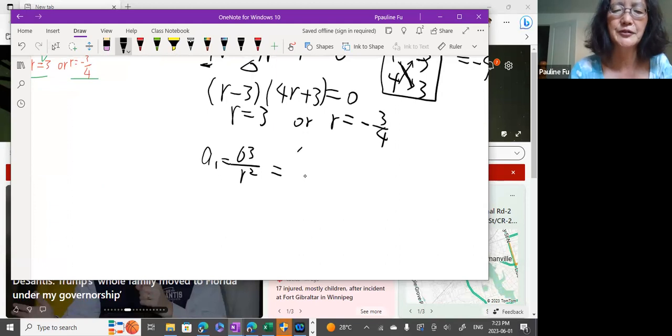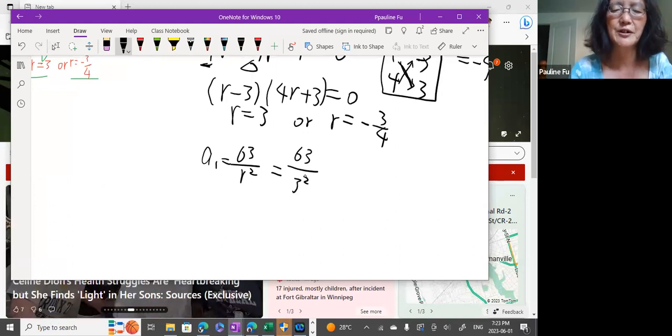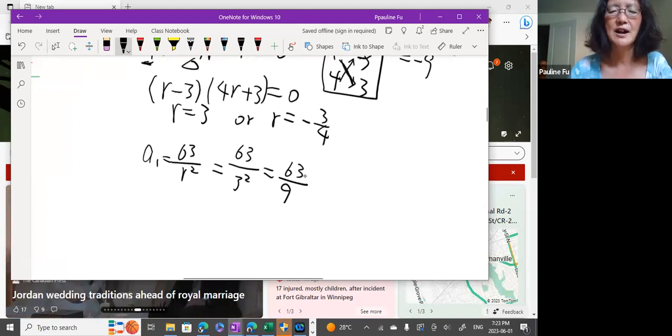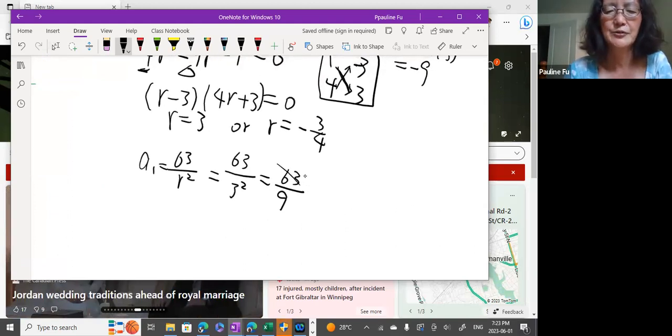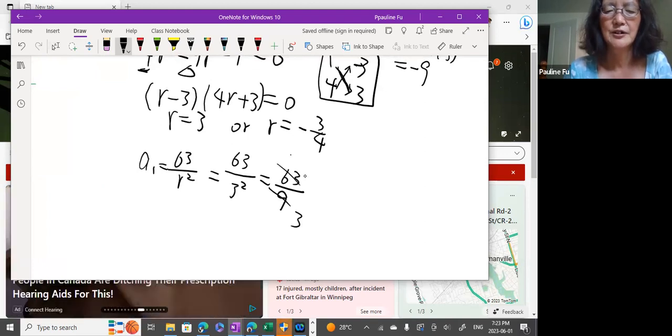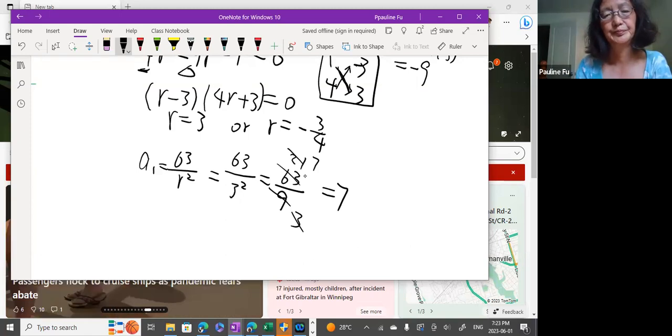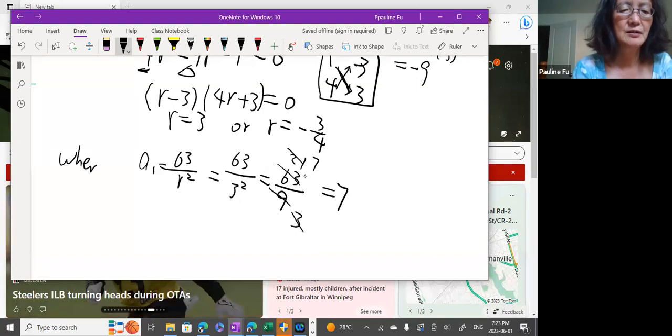So when R equal to 3, 3 squared is 9. Then 63 divided by 9 is 7. So A1 equal to 7. So when R equal to 3, A1 equal to 7.